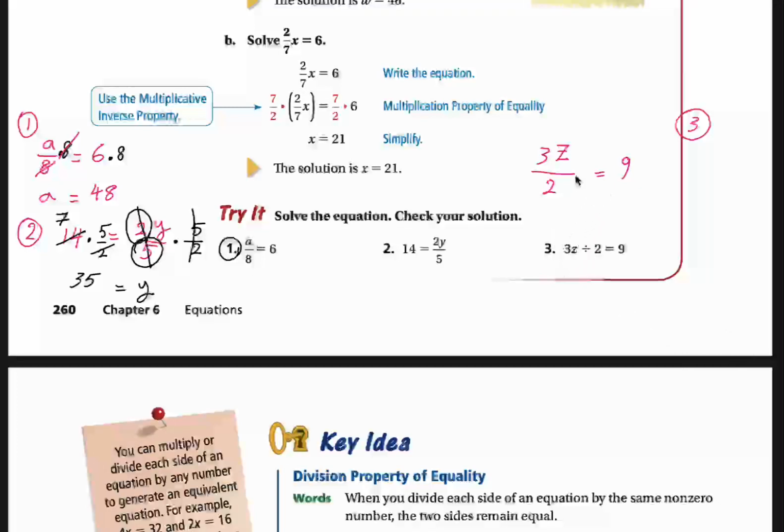So we multiply by the multiplicative inverse. 3 over 2 and 2 over 3 are multiplicative inverses of each other. Don't forget to multiply the 9 also by the same number.